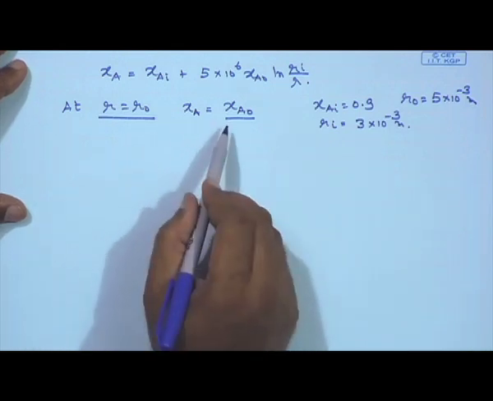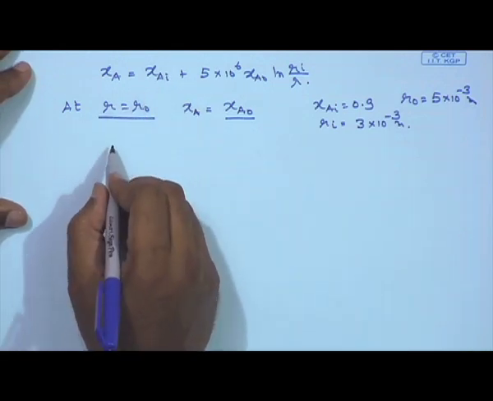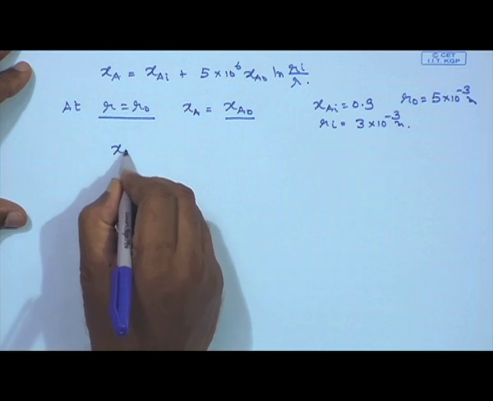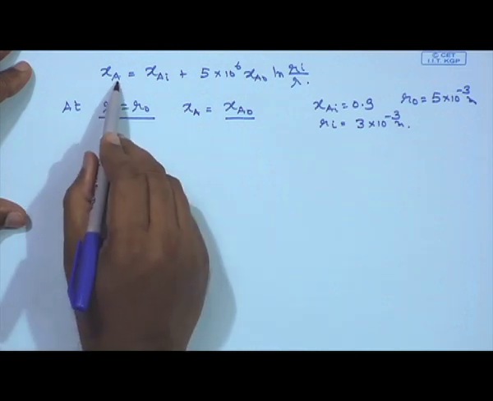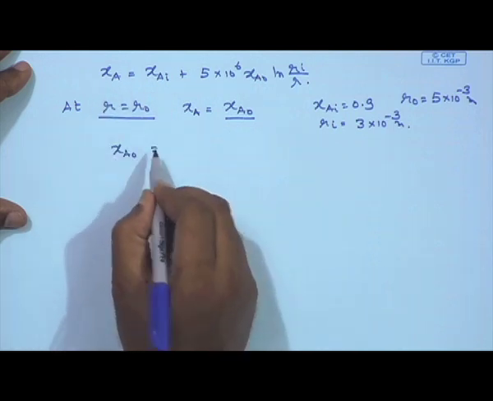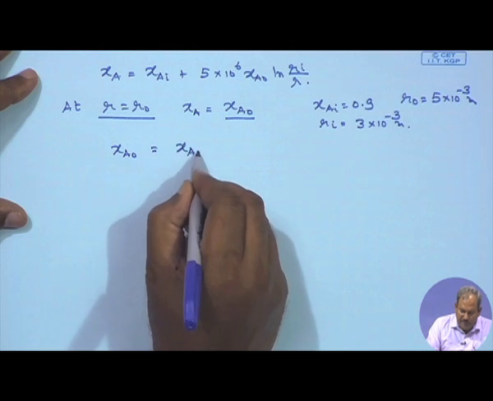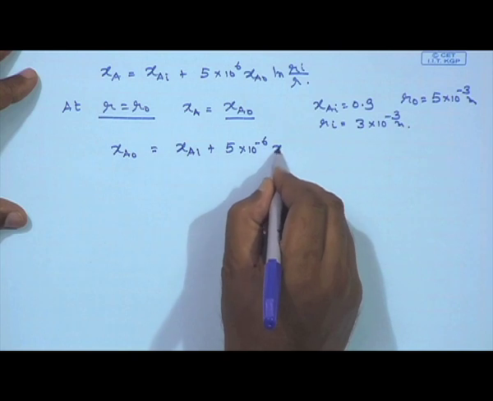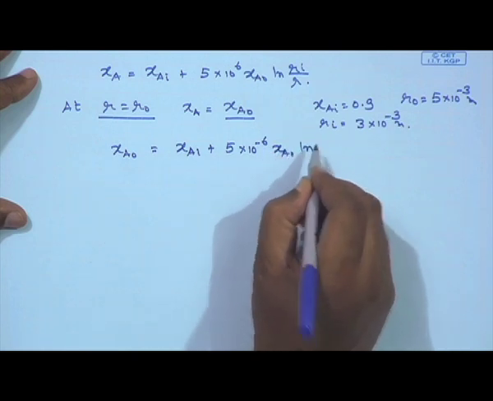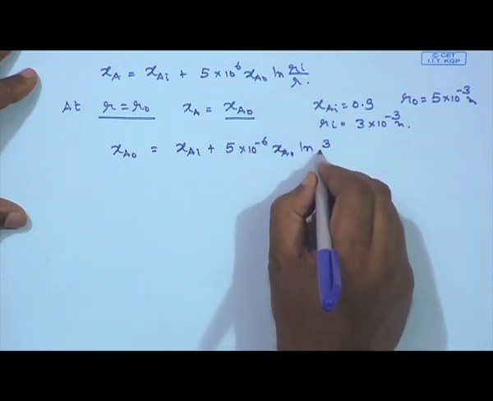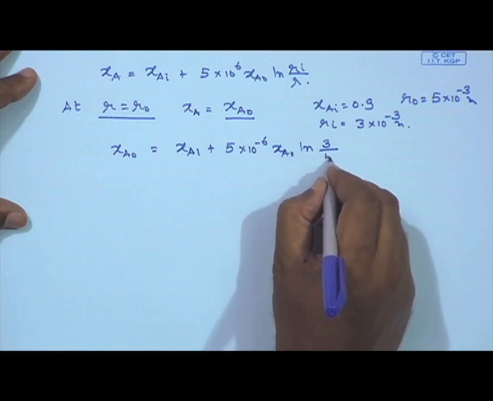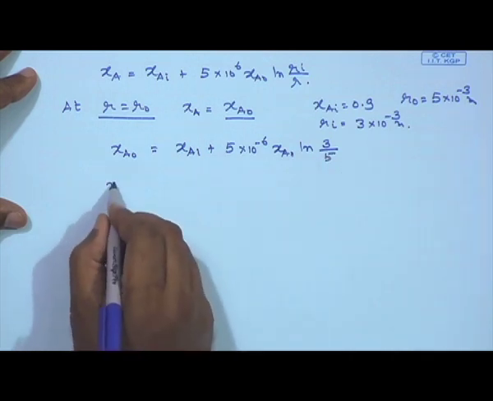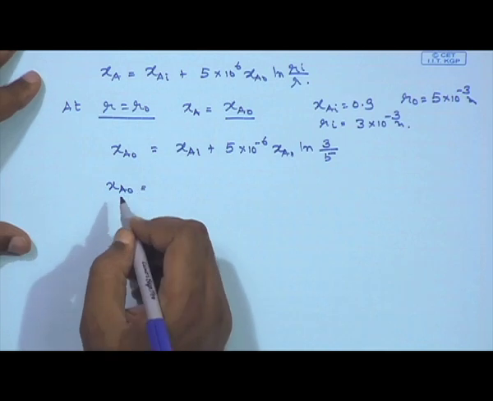So, when you put these values in here, what you are going to get is x_A naught, which is the mole fraction of component A at the outside of the inert layer, is simply going to be equal to x_AI plus 5 into 10 to the power minus 6 x_A naught, and ln of 3 by 5, with R_I as 3 and R naught as 5.